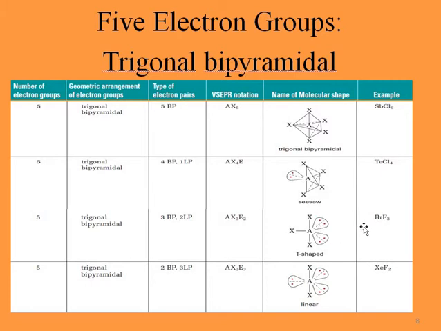The example is BrF3, and here we have three lone pairs and two bonding pairs. So we have a linear shape, but with three lone pairs around it, which is XeF2.